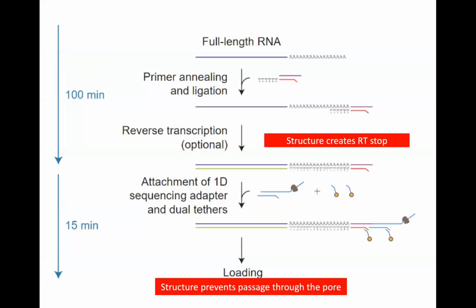So absence of this secondary strand very often results in truncated fragments going through the pore. And of course, many non-coding RNAs do have these structures that prevent the reverse transcriptase enzyme from achieving this.